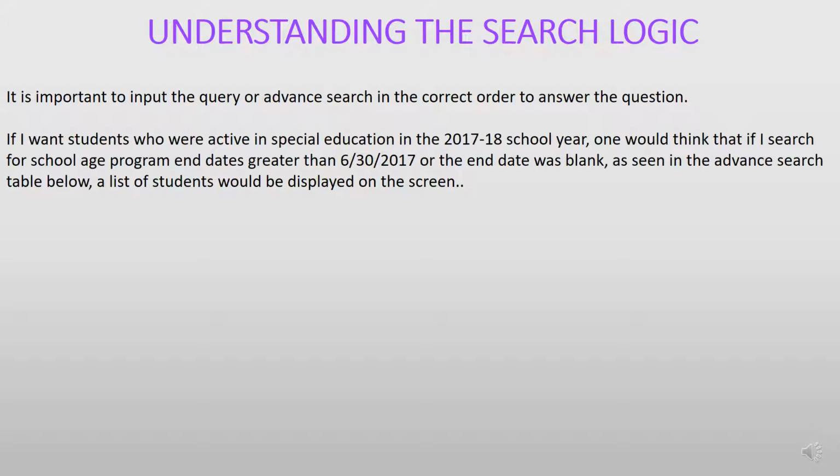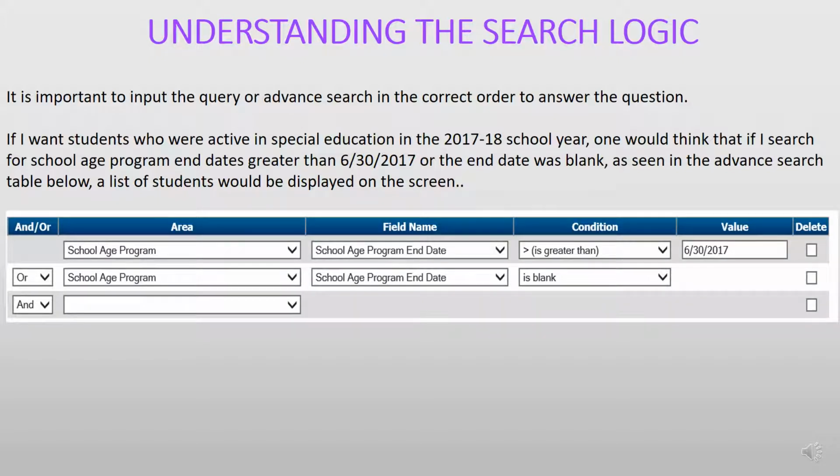If I want students who are active in special education in the 2017-18 school year, one would think that if I search for school-age student end dates greater than 6/30/2017, or the end date was blank, as seen in the advanced search table below, a list of students will be displayed on the screen.